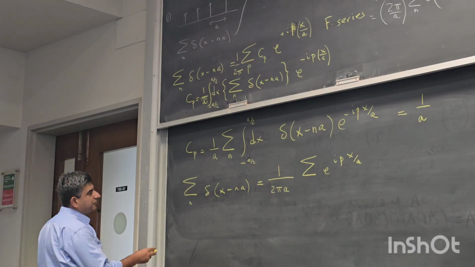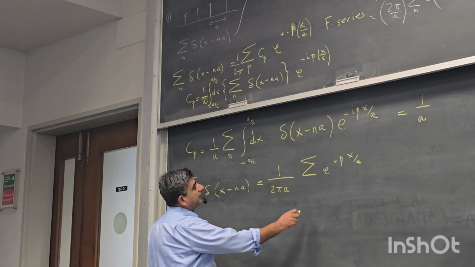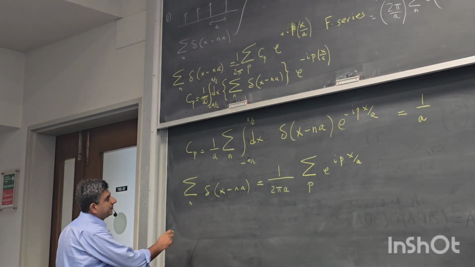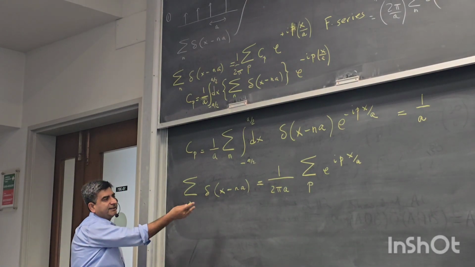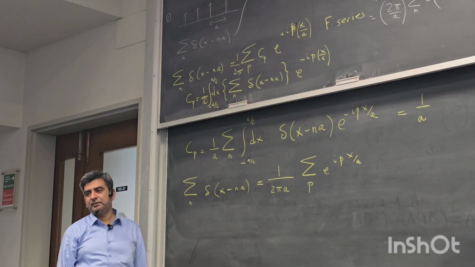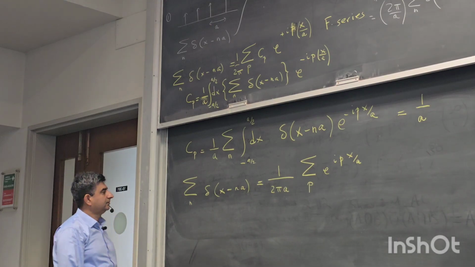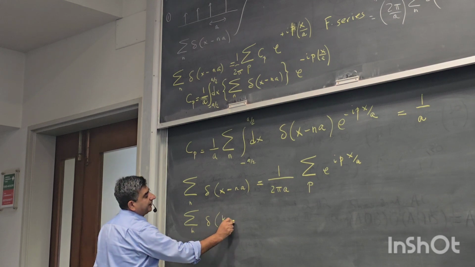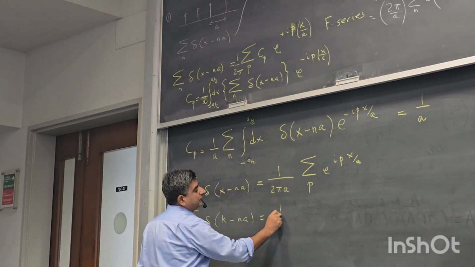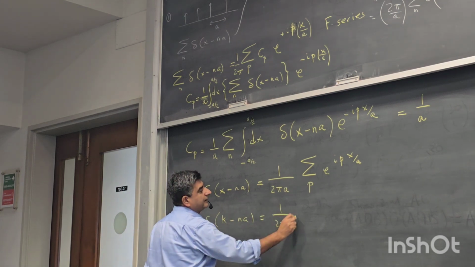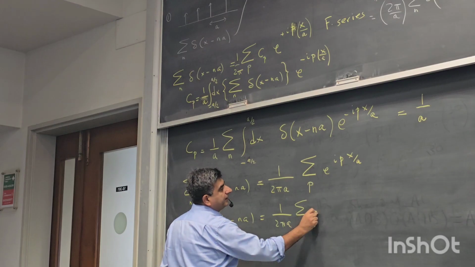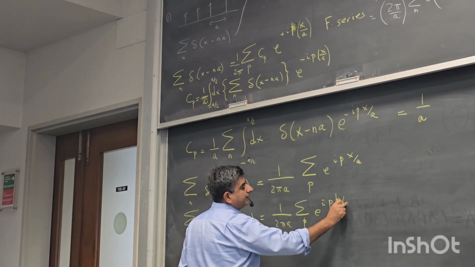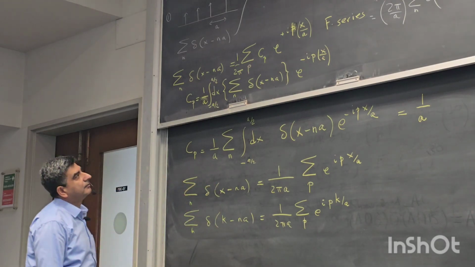So this is a sum over all p's. What I would like to do now is simply take, in this expression, replace x by k. K minus n a, 2 pi a, p, e to the i p k over a. Okay.